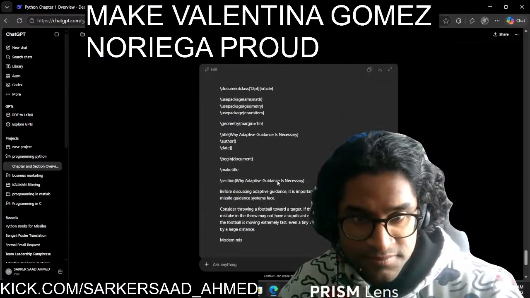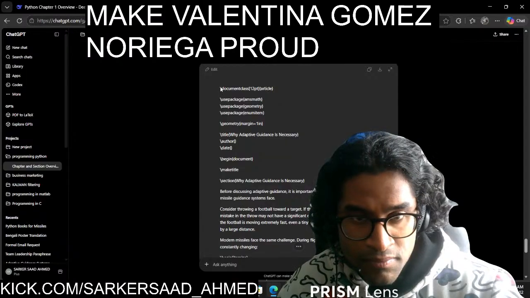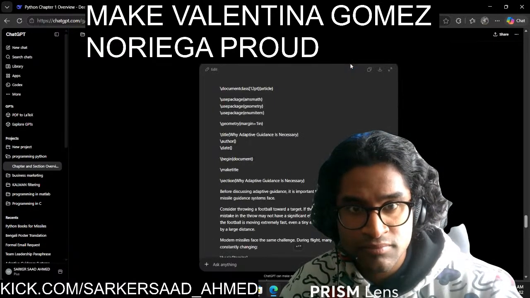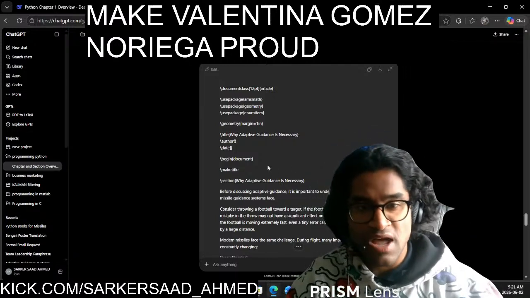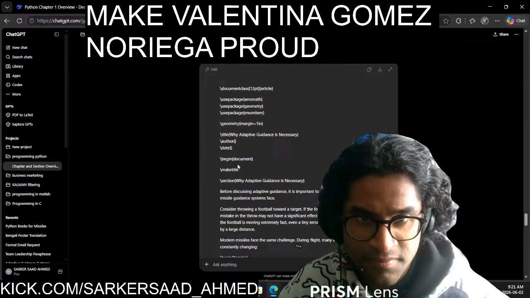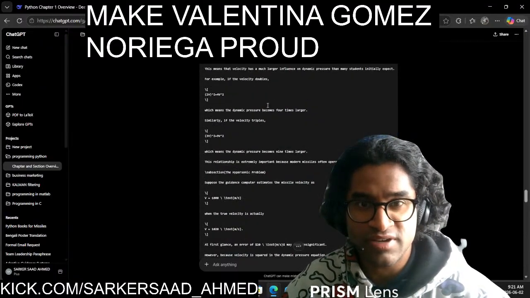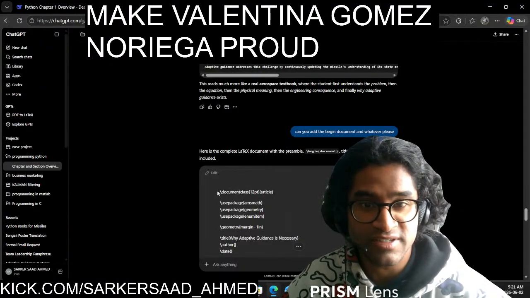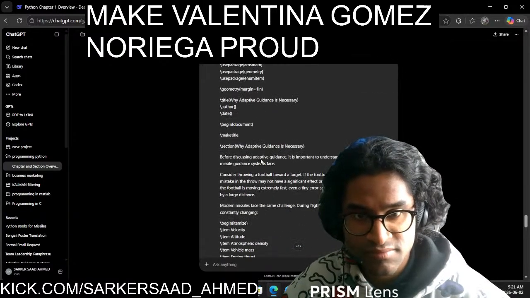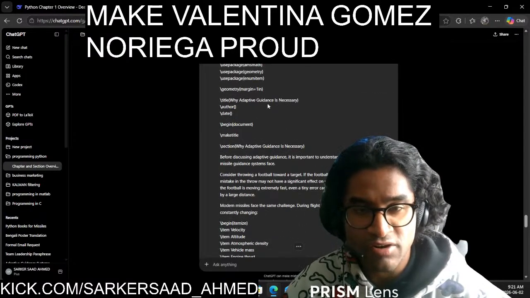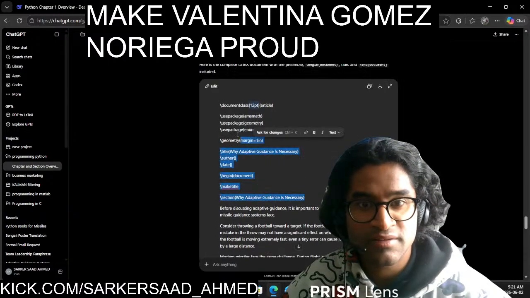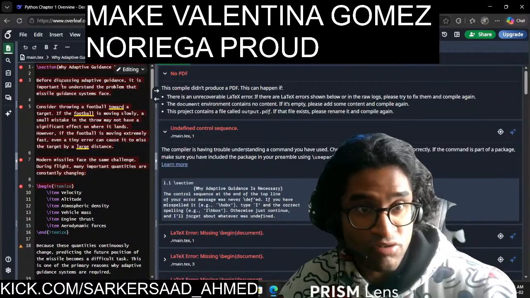I have a feeling that this will not work, because this was actual LaTeX code and this is not LaTeX code, this is a text editor. I can already see that there will be some mistakes.